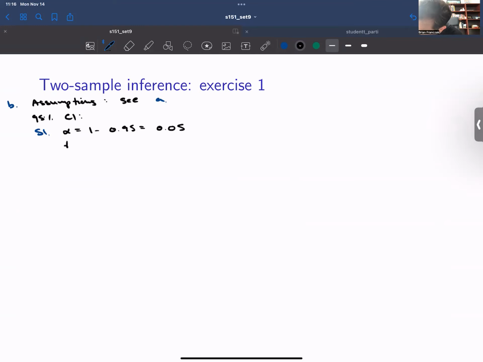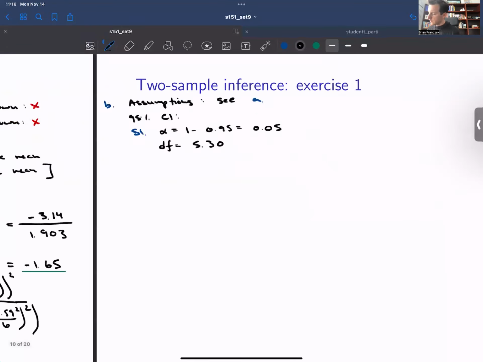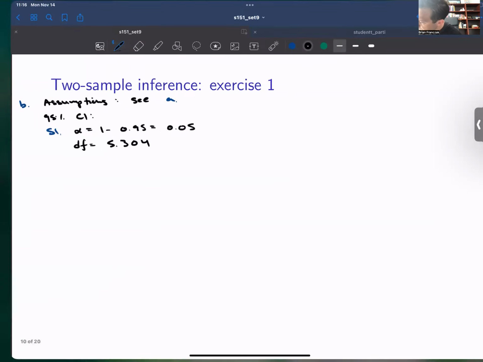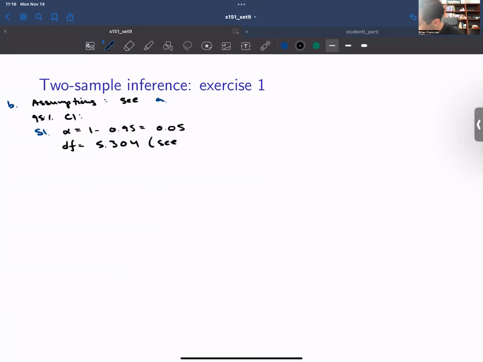Okay, and our degree of freedom is going to be 5.304. Right? So this is the same calculation we had in part A. So see part A again. Okay, so we're going to use 5 degrees of freedom, right? So again, we always round down with our degree of freedom calculation.